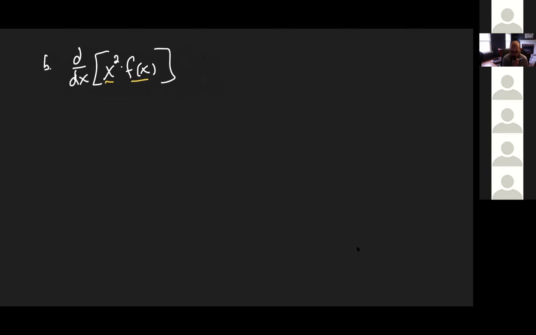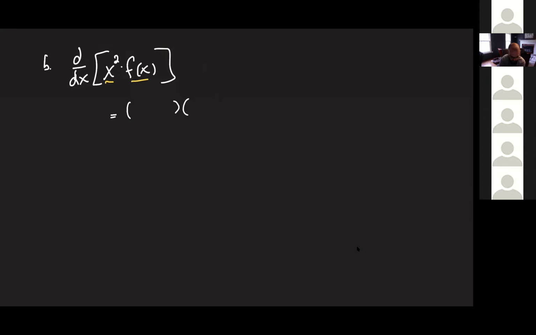So we have this product rule, x squared times f of x. And when I take the derivative, everything outside of this, I'm going to use d dx to represent this operator. We're taking the derivative. But when I write out my formulas, I'm going to start to use prime, right? So I'm going to do a little prime for f prime.